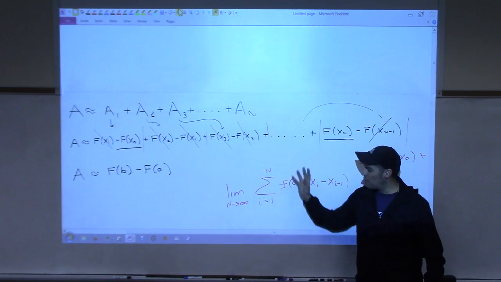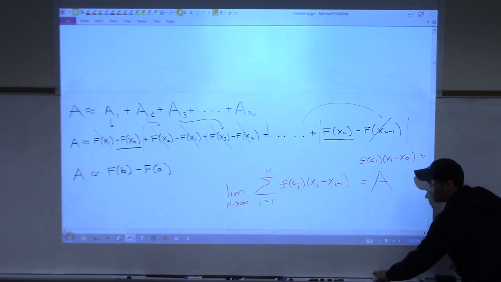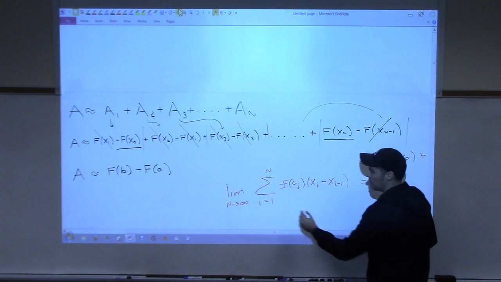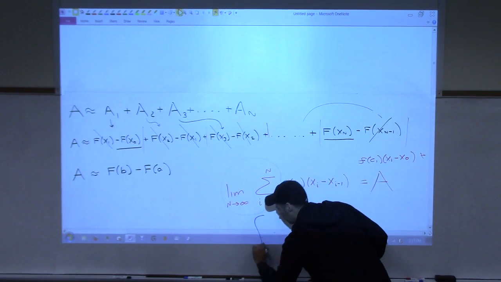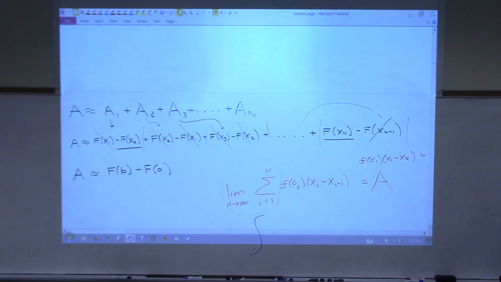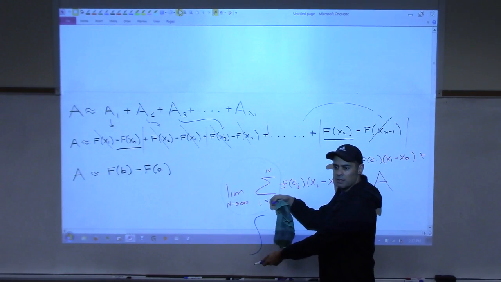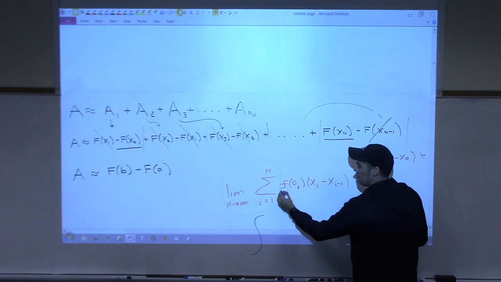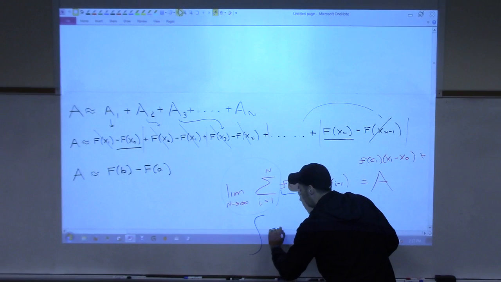we're going to have a special kind of notation we're going to use. And here's what it is. Instead of writing all this, I'm going to write this, which is just an S stretched out. And instead of writing f of c sub i, well, wait a minute.